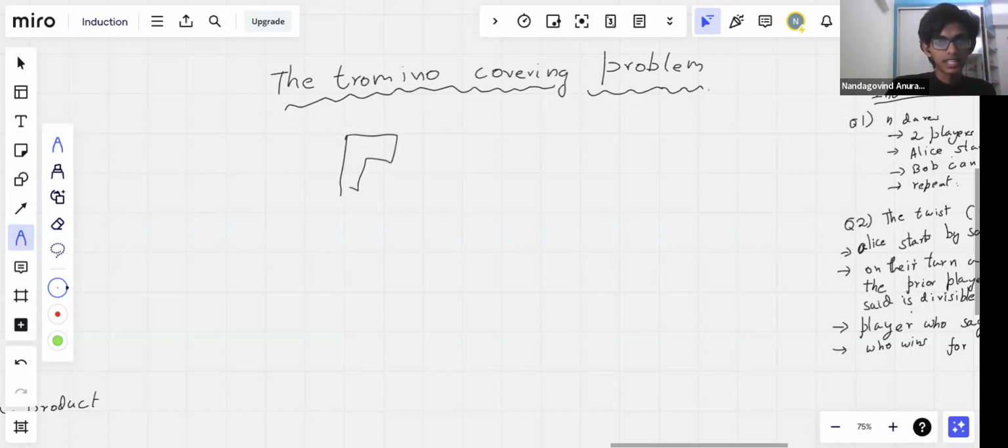It's an L-shaped three-square tile. For now assume it's a 2x2 board, and this is how you'd place a Tromino on it. Does a Tromino make sense to everyone? It's like a domino, but with 3 pieces instead of 2.